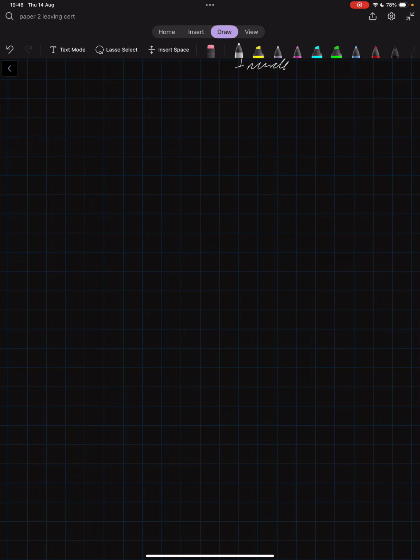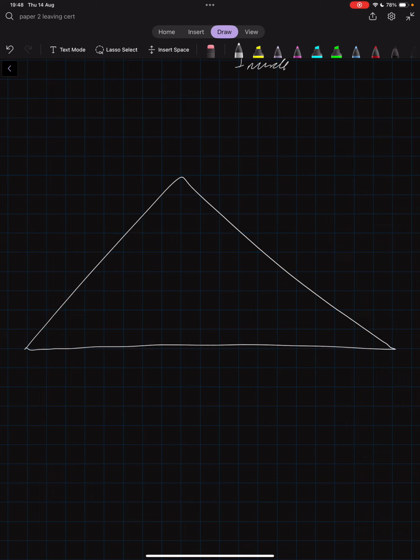Yeah, so just any of you doing physics or applied maths, yeah, the centroid is actually how you get the center of gravity. So again, let's just say you have a random triangle. Again, A, B, C. Now what you do is you want the perpendicular bisector of all the sides.